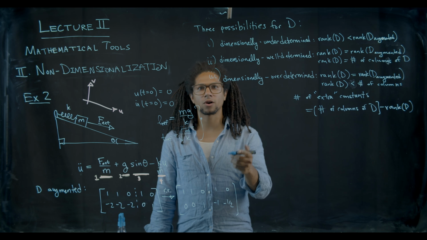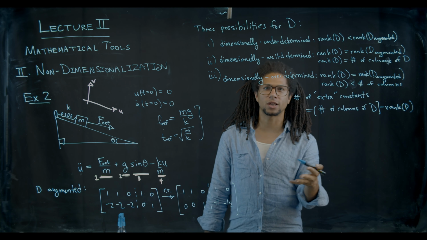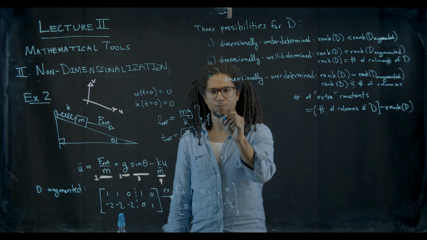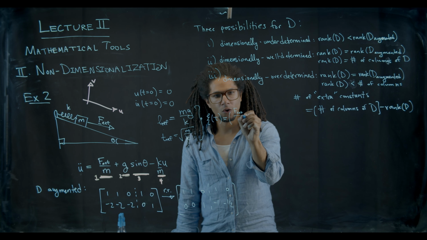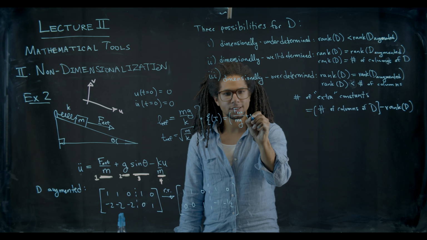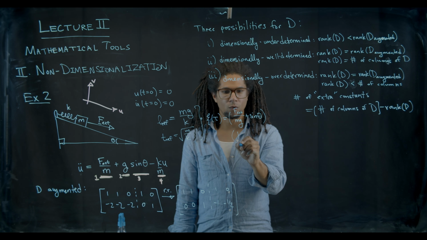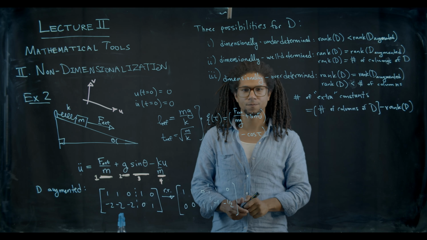If we define our non-dimensionalized length as xi and our non-dimensionalized time as tau, then we find the solution is xi of tau is equal to F external over mg plus sine theta times 1 minus cosine of tau.